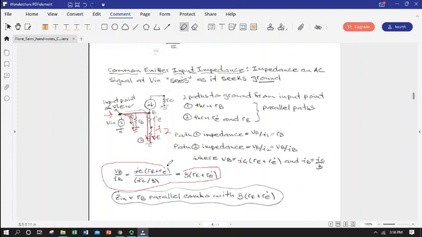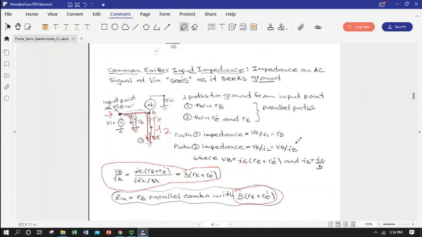So our Z in ends up being just the resistance of the base in parallel with this combo. And I will leave you to step through this. This is also in Mr. Fiore's discussion.